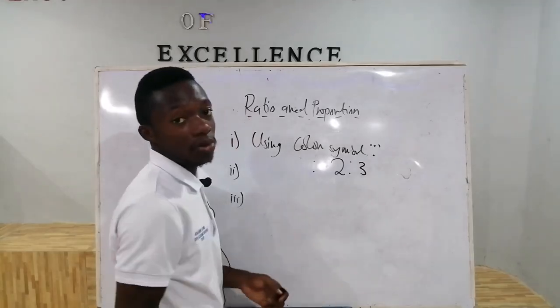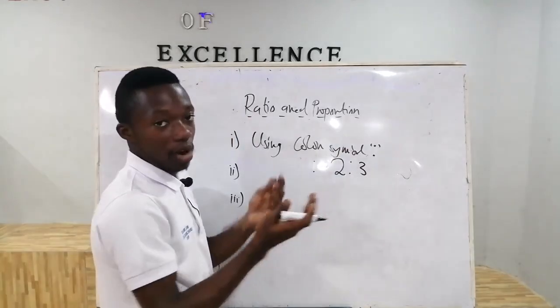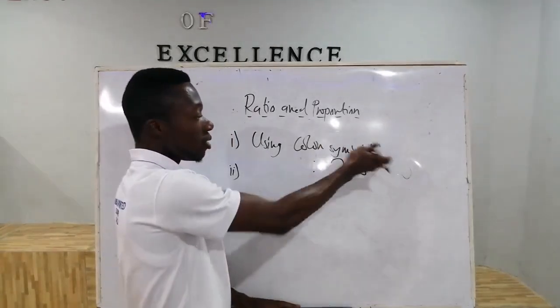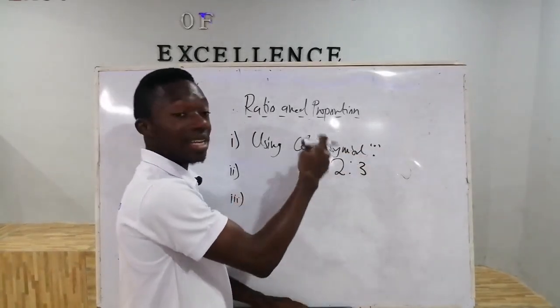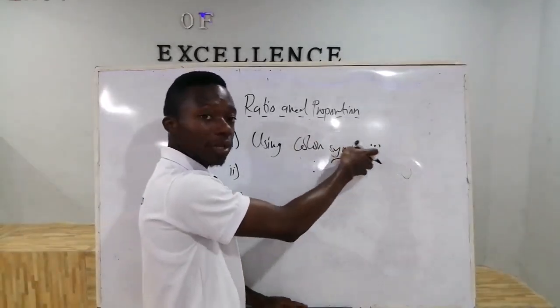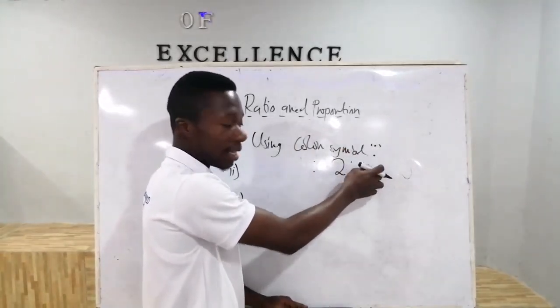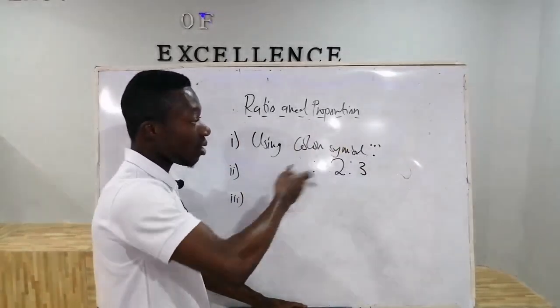It's one way to express two items when we are comparing. One way to do that is the colon symbol. We call it "is to". So we can call this 2 is to 3. I hope you understand that. So that's the first aspect, the colon symbol.